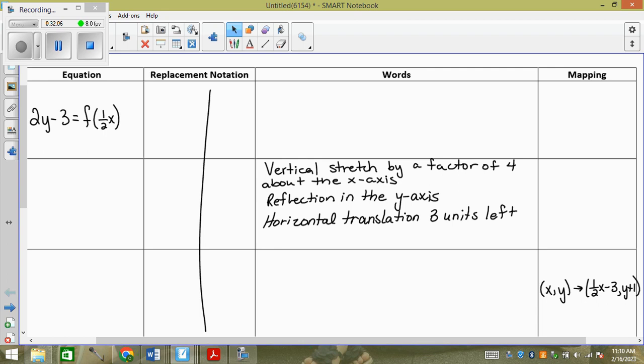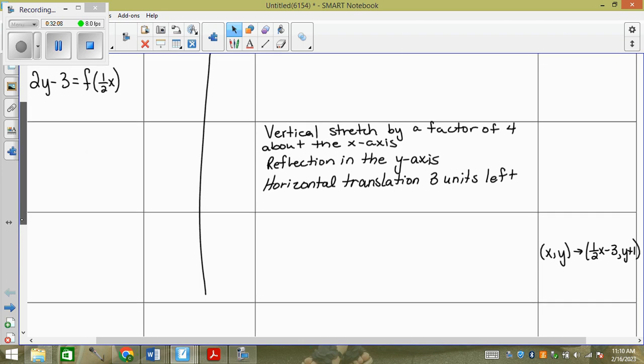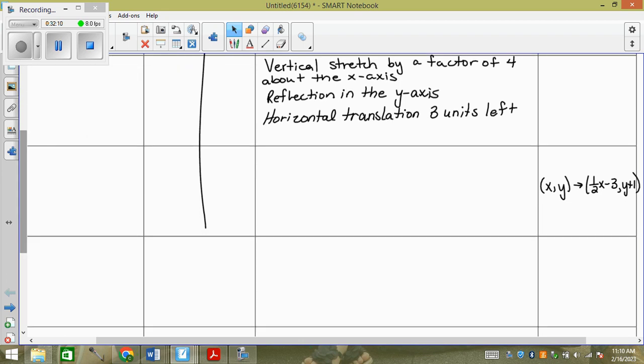Does everyone have the first equation down? At the very least. Okay. Make sure to write this all down.